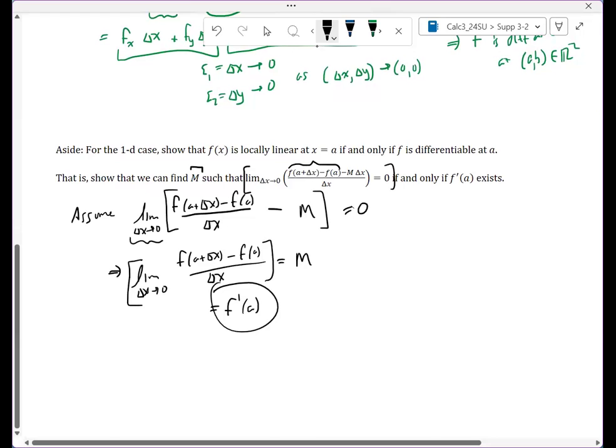What if we go the other way? Suppose f prime of a exists.